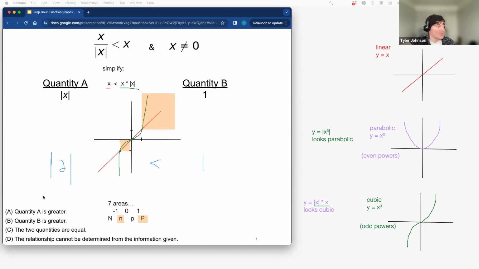But if I had a fractional negative, like the absolute value of negative 1/2, actually, I wrote that the wrong way. So in the original in blue, quantity A is bigger. When I've got fractional negative 1/2, that's going to make quantity B bigger. So I've got my two different relationships. We've proven the answer is D.